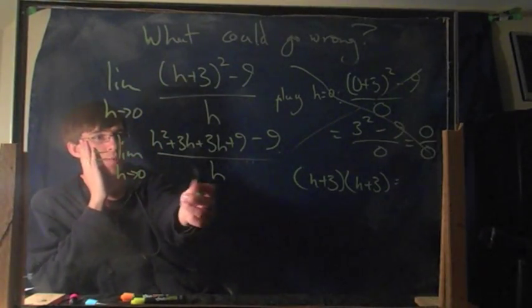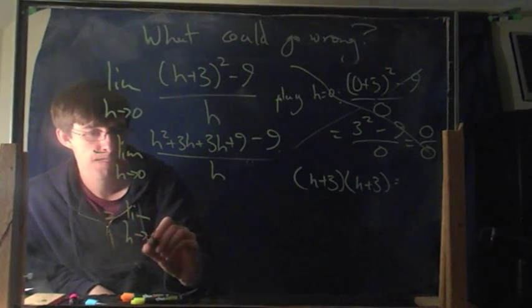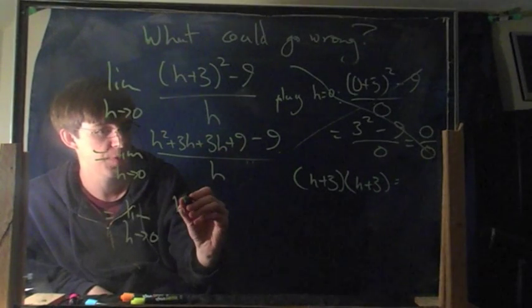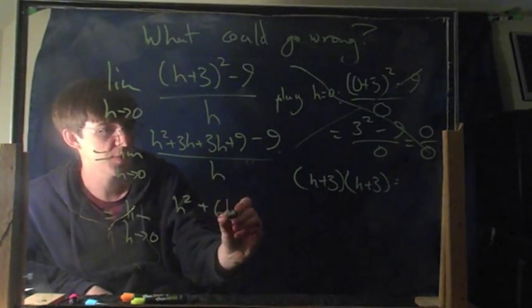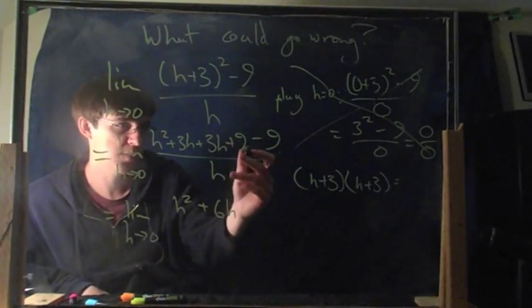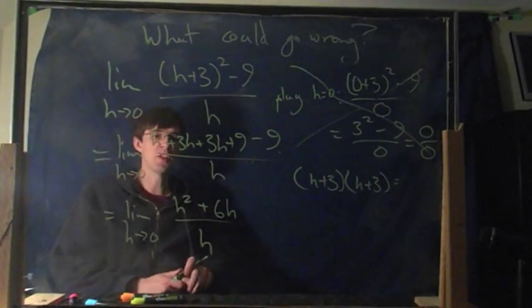Well, the 3h and the 3h can combine, giving me 6h. The h squared can't combine with anything else, so I'm going to leave the h squared, plus 6h. How about the 9 and the 9? They cancel, so this is plus 0. I'm not going to write that. Divided by h like so.